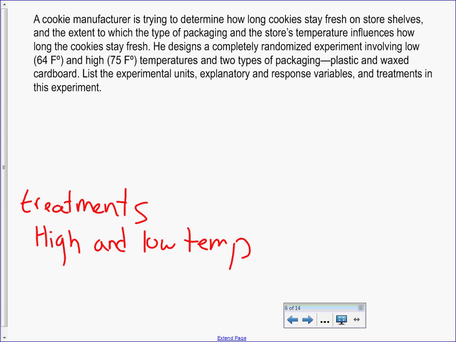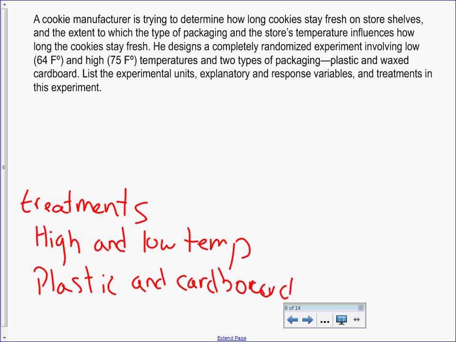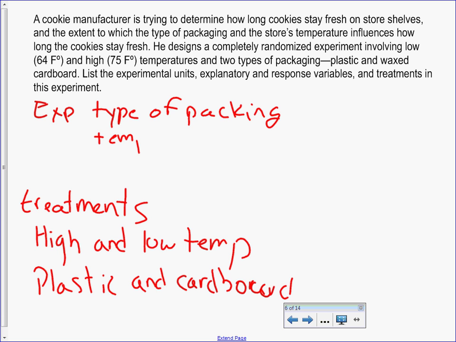High and low temperatures, and plastic and cardboard. Those are our treatments. Our explanatory variables are types of packaging, which are listed, and temperature of storage.